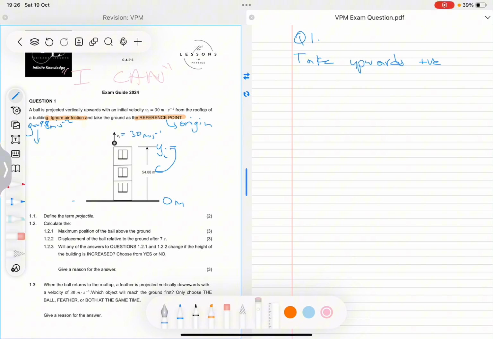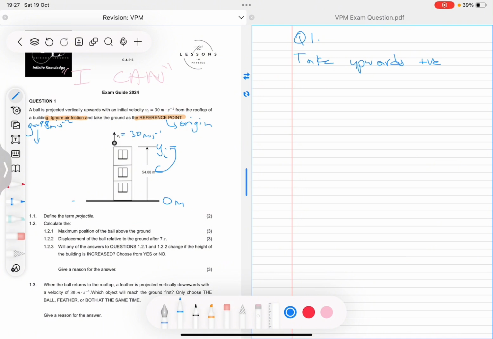Once you have interpreted and classified your problem, you are now ready to answer the problem. We can go now into our questions and answer the problem. The first question, 1.1, says: define the term projectile.